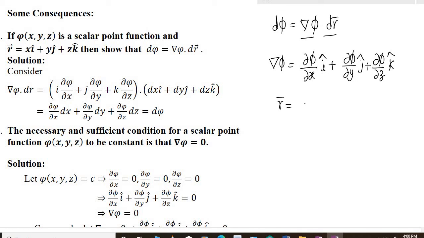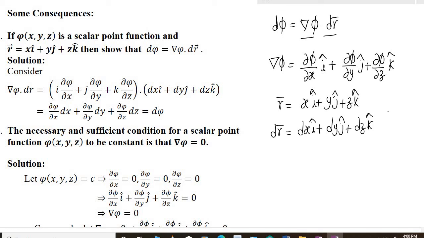If r bar equal to x i cap plus y j cap plus z k cap, then small change in r bar equal to small change in x, small change in y, small change in z.